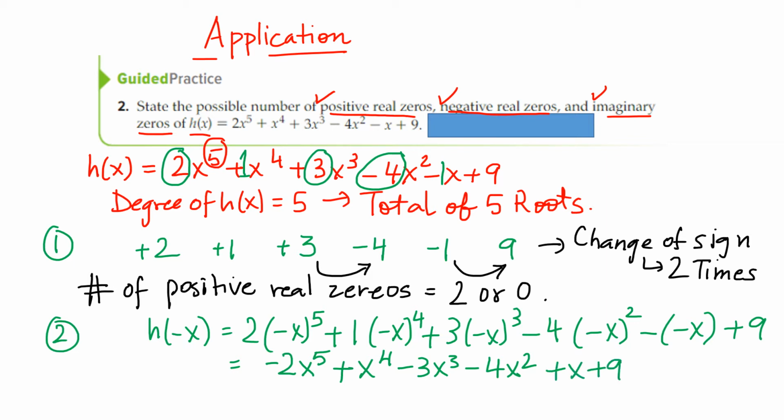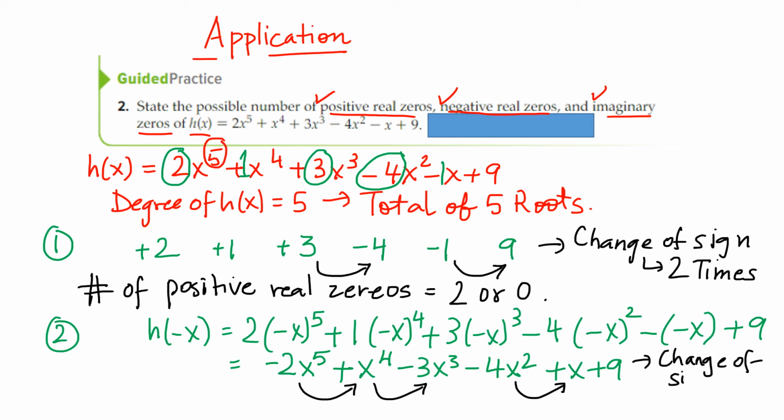Now let's notice the change in sign. So negative 2 to plus 1, that's one time it is changing. Again it is changing here from positive to negative. No change at this place, and again from negative 4 to plus 1, so change again. So 1, 2, 3, there are 3 times that the change of sign is happening.